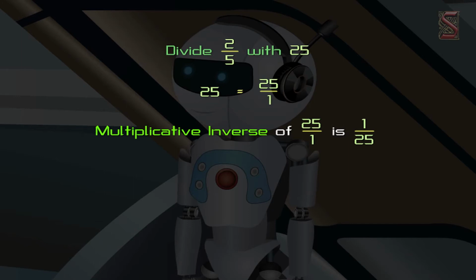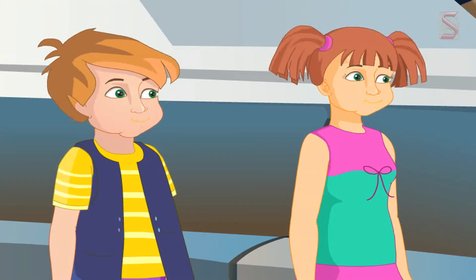Now, dividing the fraction 2 by 5 by 25 is same as multiplying 2 by 5 with the multiplicative inverse of 25 by 1, that is 1 by 25. Now, the product of 2 by 5 and 1 by 25 is 2 by 125. This method was pretty simple.